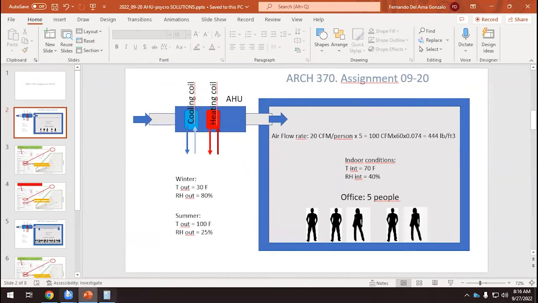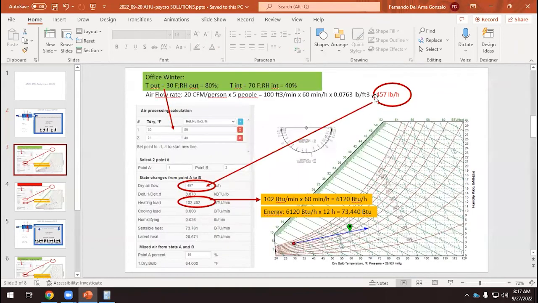It's a question of units. I don't mind if it's 444 or 450, the difference is not that much.